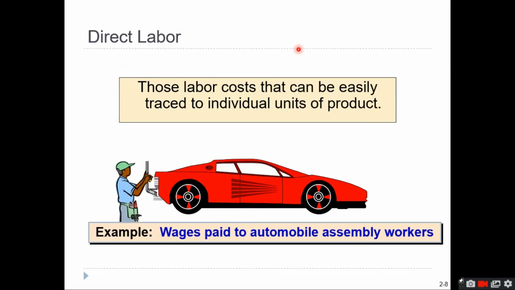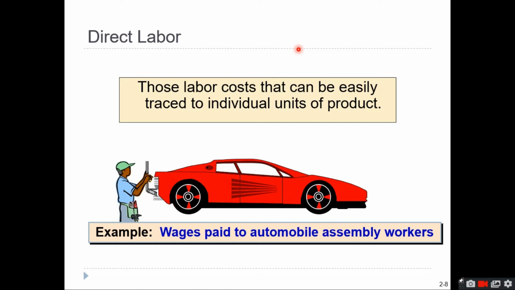Next, we have direct labor. Direct labor pertains to the traceable amount and extent of labor that is used in order to prepare the actual product. So when you talk about direct labor, this pertains to the production labor force that is directly related to the production of the main item.